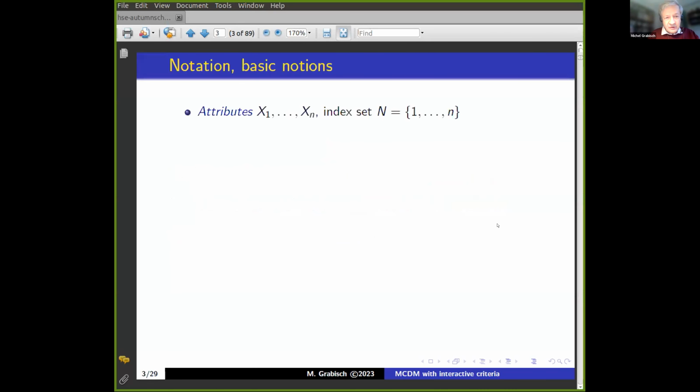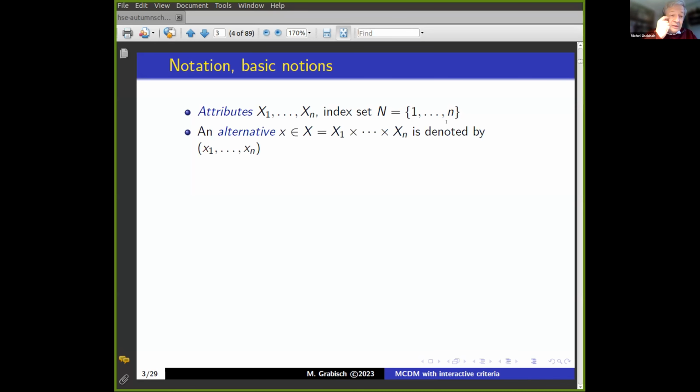So we start with very standard and classic things. I consider a number of attributes. X1, X2 to Xn are the sets of values taken by the attributes. And capital N will indicate simply the index set of these attributes.